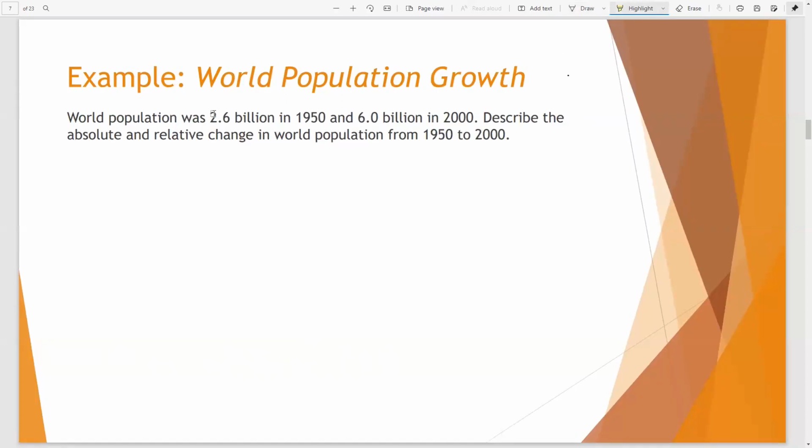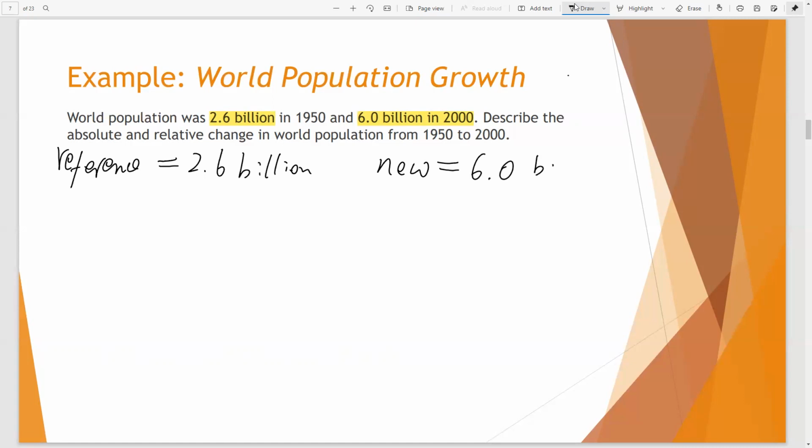World population was 2.6 billion in 1950 and 6.0 billion in 2000. Describe the absolute change and the relative change in world population from 1950 to 2000. So we have the reference value, that is 2.6 billion. The new value in 2000, after the change, is 6.0 billion.